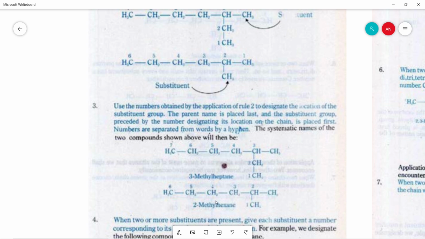In another example, there is 2-methylhexane. Why? Because if we start numbering from here, it doesn't matter because the longest chain can be this or this. 1 2 3 4 5 6, and there is a substituent on the 2nd carbon, right? What is the substituent? A methyl radical is there, so we will say its name is 2-methylhexane.